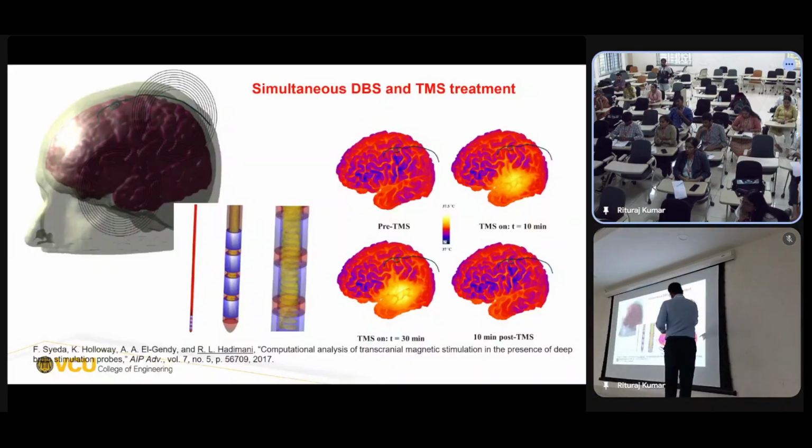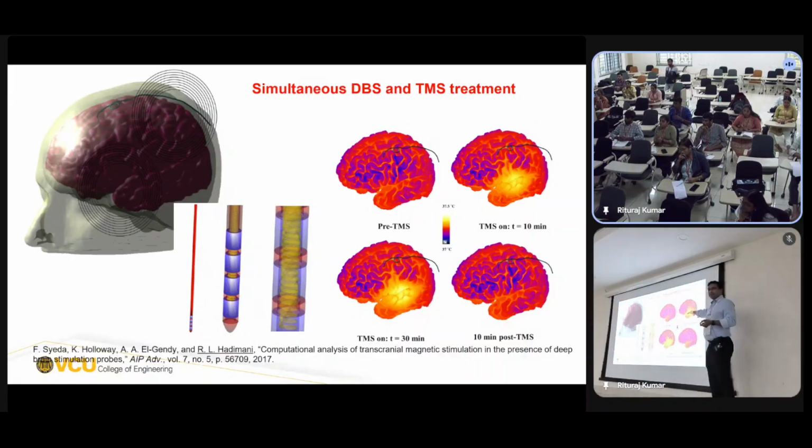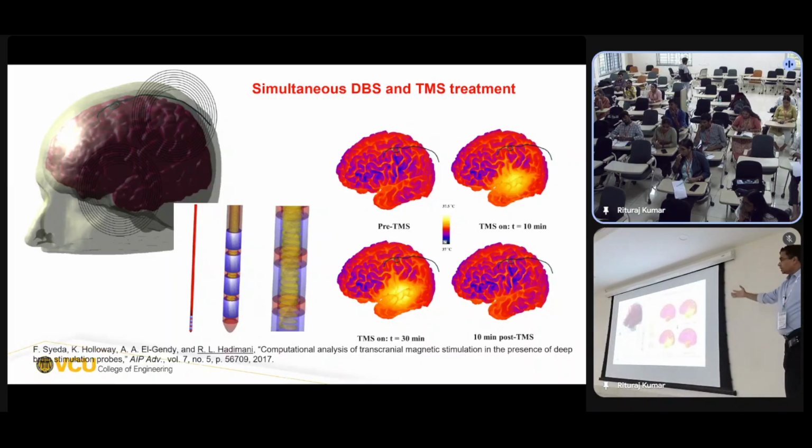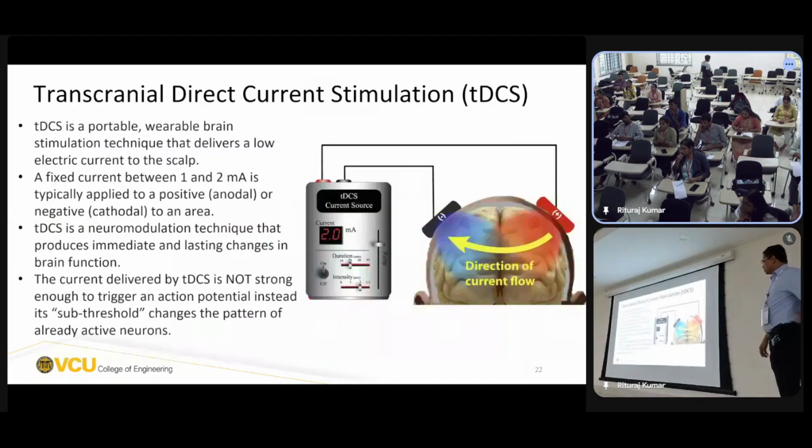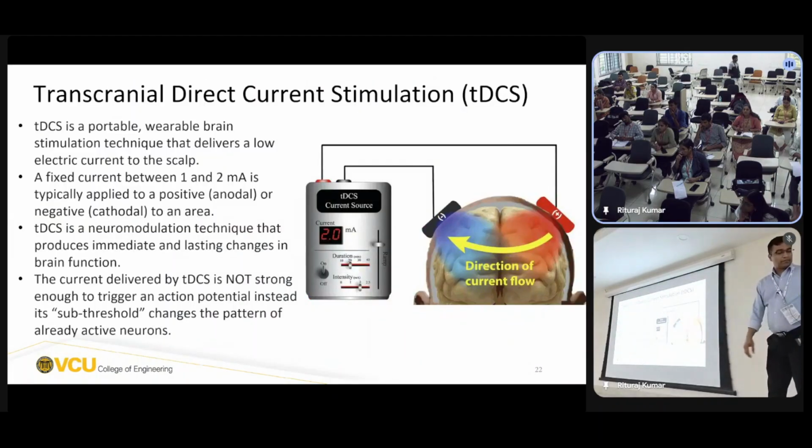We also looked at what happens to temperature change. Of course, this is governed by a complex equation, which I keep behind. And the E field we look at is governed by Maxwell's equations.